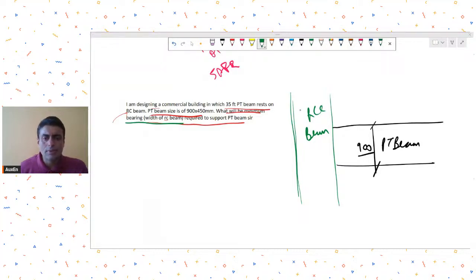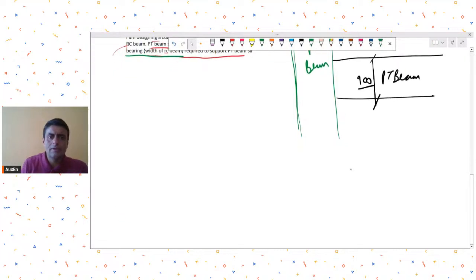Right now I am assuming that they are at the same level. It's not clear from the question whether the PT beam is resting on top of the RCC beam or at the same level. So I'm assuming they have been made at the same level.